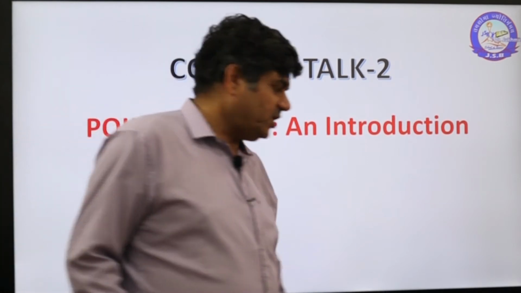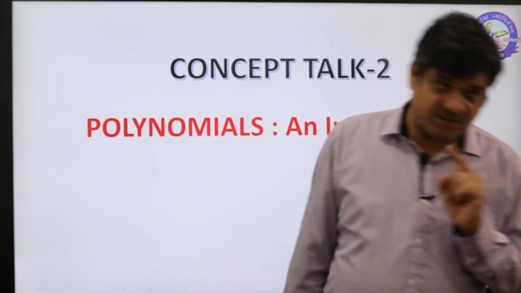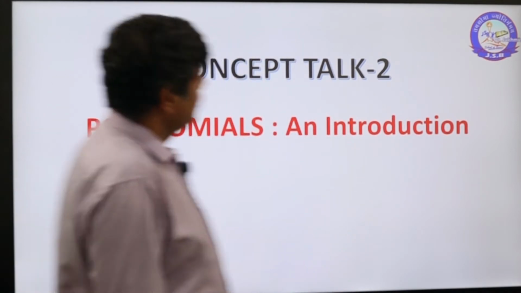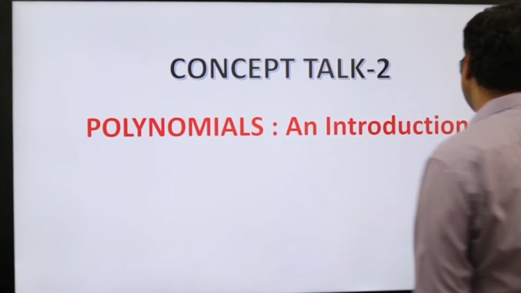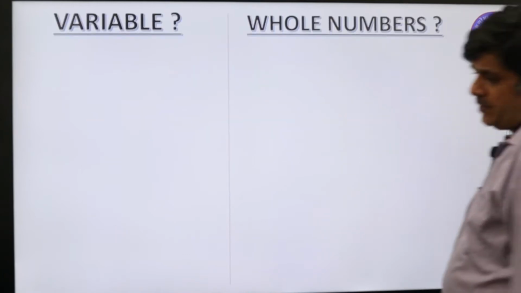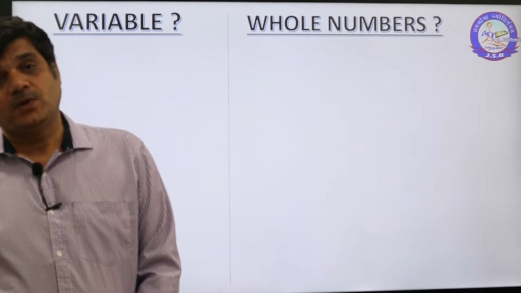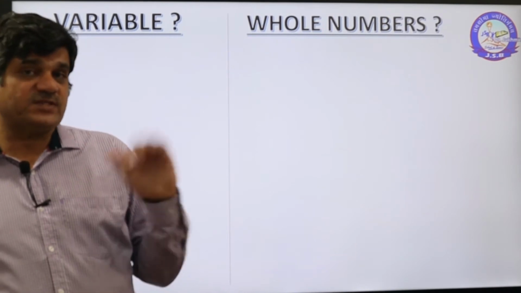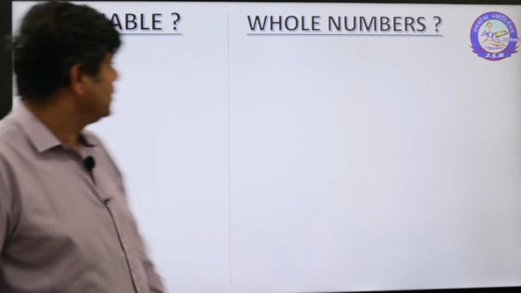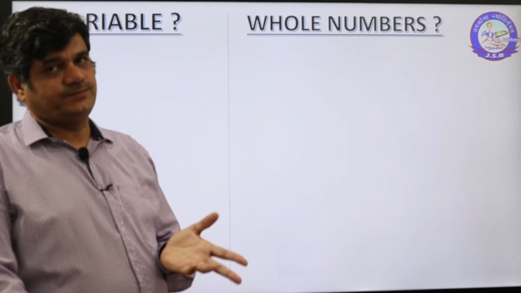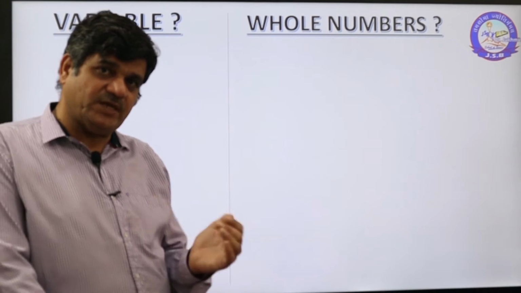So first of all, in order to understand what a polynomial is, you must know two terms. Which two terms? First of all, you should know what a whole number is, and second, you must know what a variable is. Whole numbers, as we discussed in the first concept talk series, means all the positive integers and 0. All the natural numbers and 0.